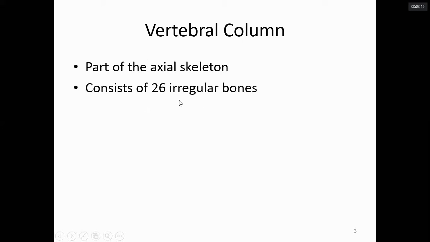Basically the vertebral column consists of 26 bones, meaning the sacrum and coccyx are fused, that's why they are taken as 2 bones. Otherwise, it consists of 7 cervical vertebrae, 12 thoracic, 5 lumbar, 5 sacral, and 4 coccygeal, that are fused. Okay.